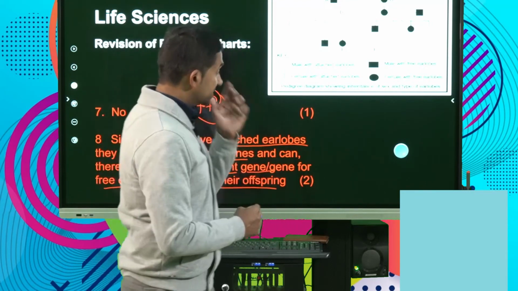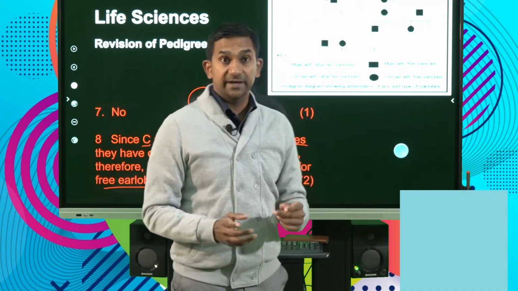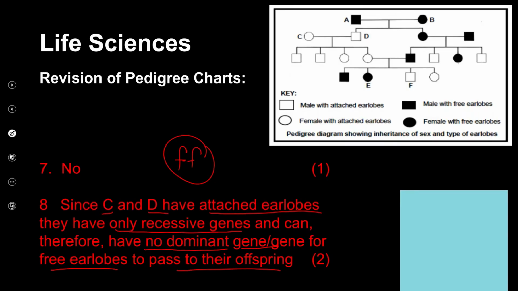As I mentioned earlier on, the key to working out many pedigree diagrams is to identify what I refer to as the individuals that are affected, or homozygous recessive, because you've got to know that when an individual has these recessive alleles, it means that both the parents have to have the recessive allele.